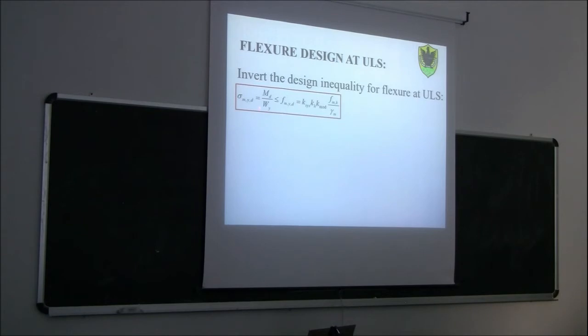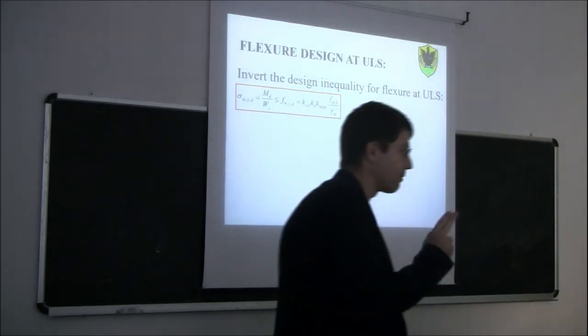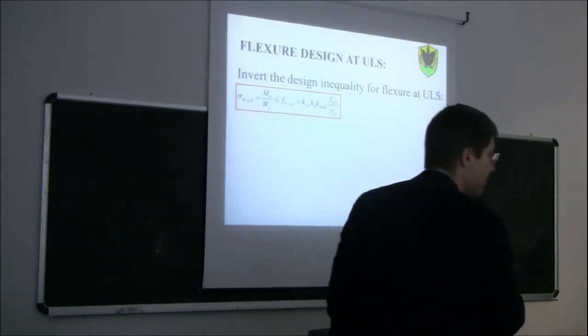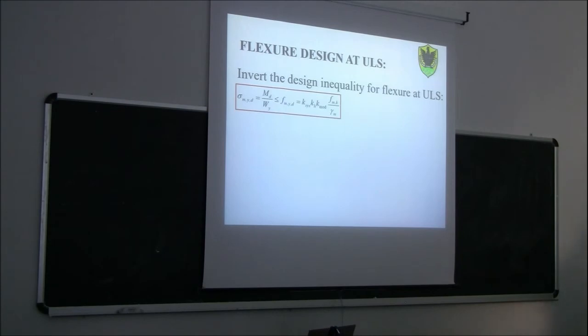So let's write down the design inequality. Sigma_m,y,d, what does it mean? Sigma means stress. Okay, we're talking about stress, not bending moment. M means bending, y means bending around the y-axis, which is the horizontal one.